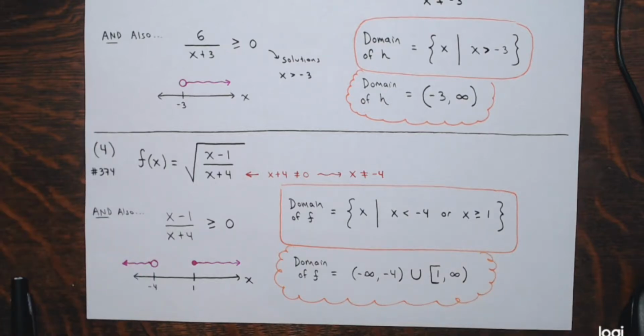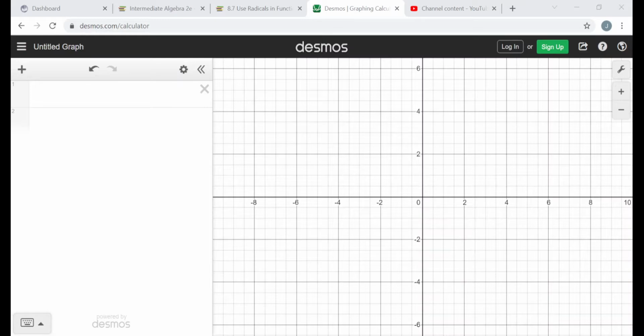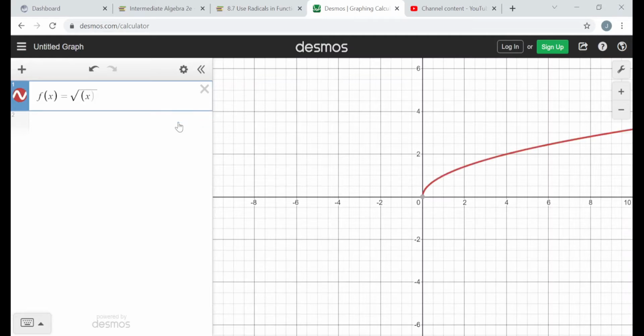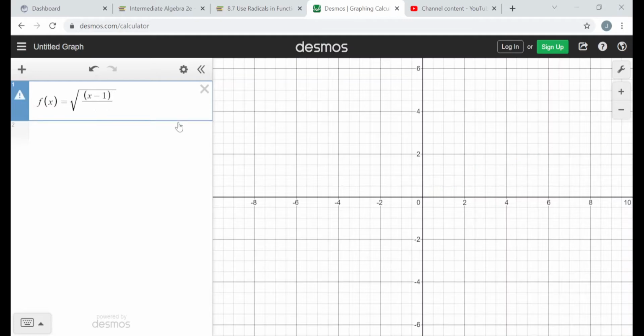Great. And then once again, I'm going to go to the Desmos site and we'll take a look at this. So I have f of x equals the square root of x minus 1, divided by x plus 4.